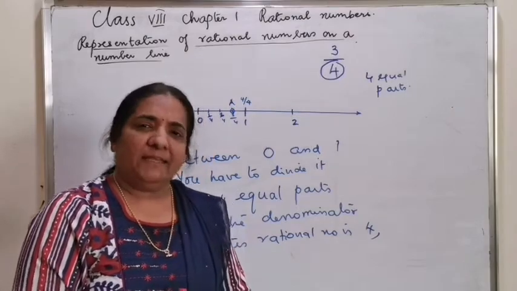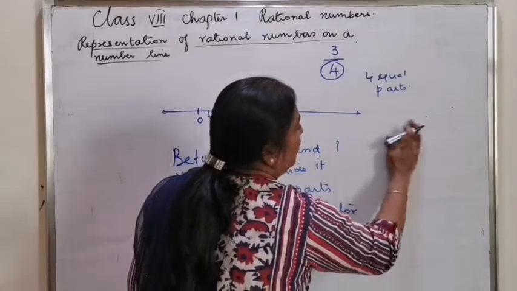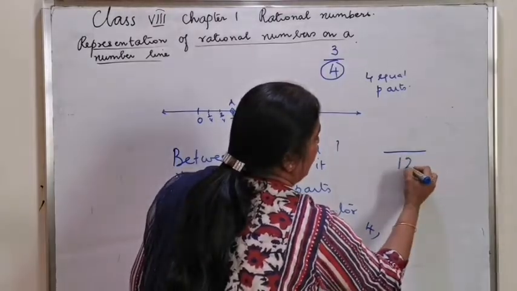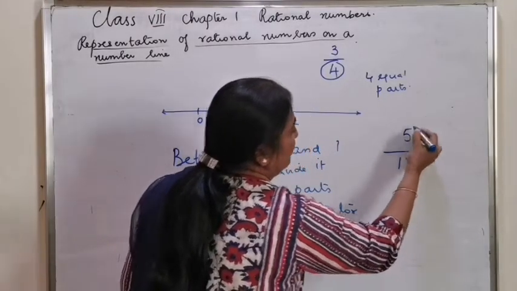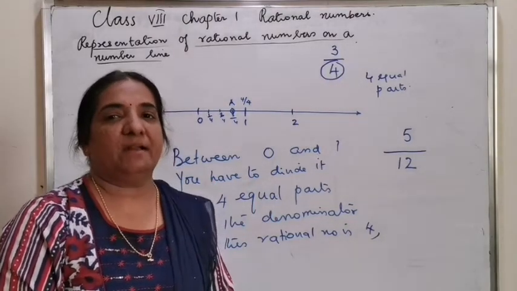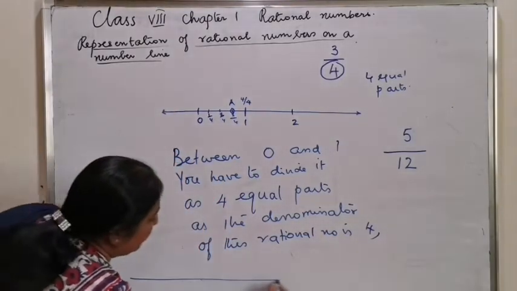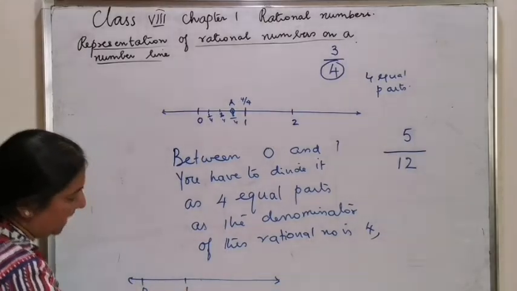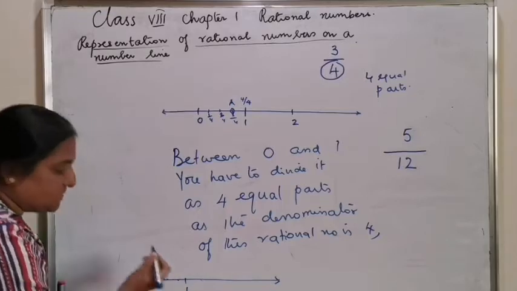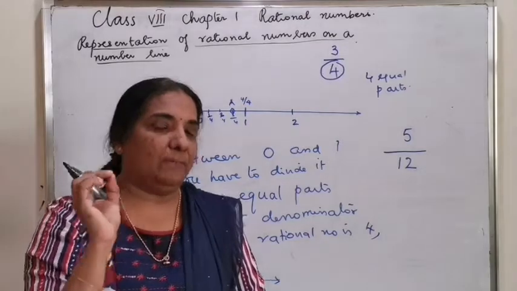But if you have bigger numbers, or if you have rational numbers with denominator as 12 and 5/12, if you are asked to plot 5/12 on a number line, the same way if you divide 0 and 1, it will be difficult for you to find equal distribution between 0 and 1 into 12 equal parts.